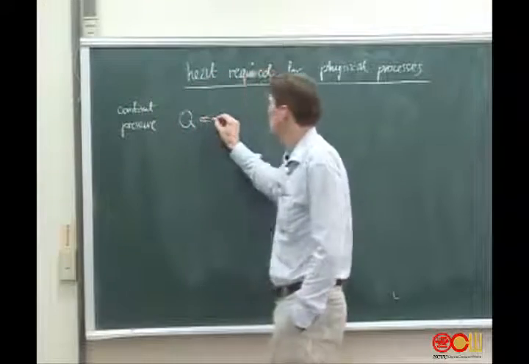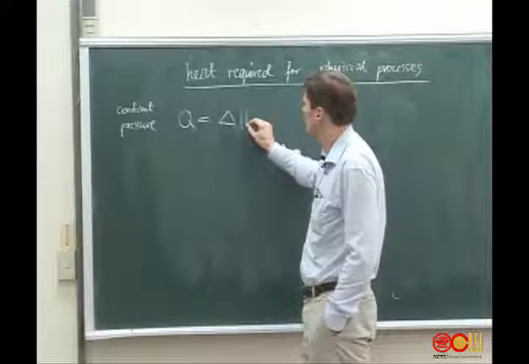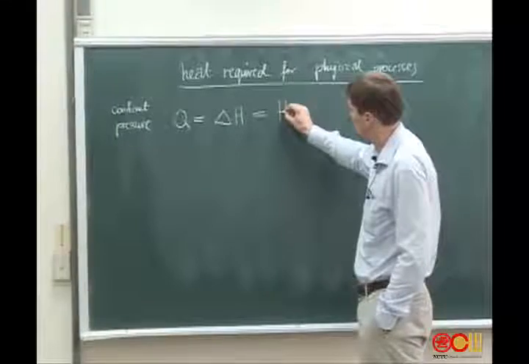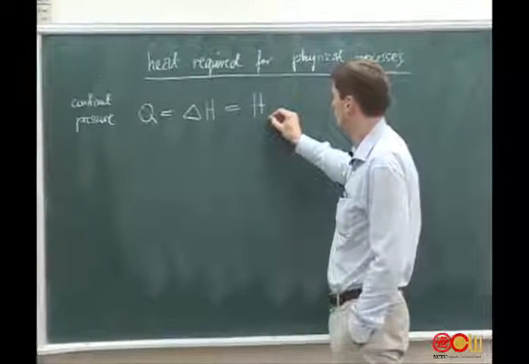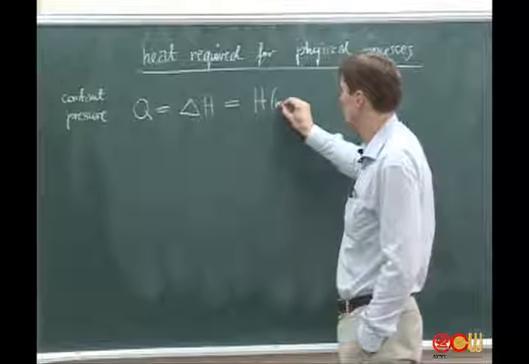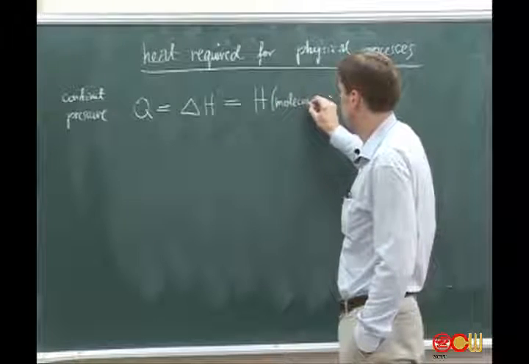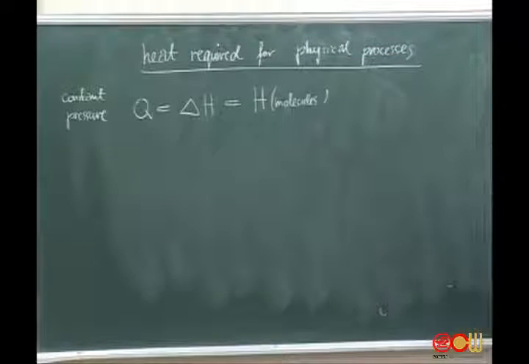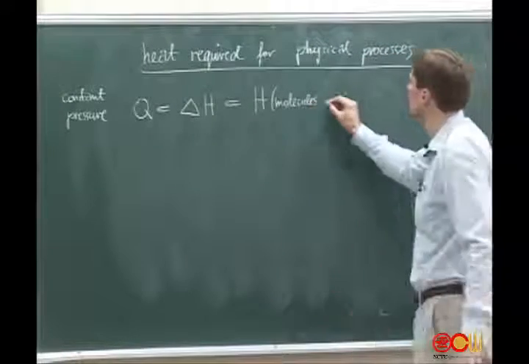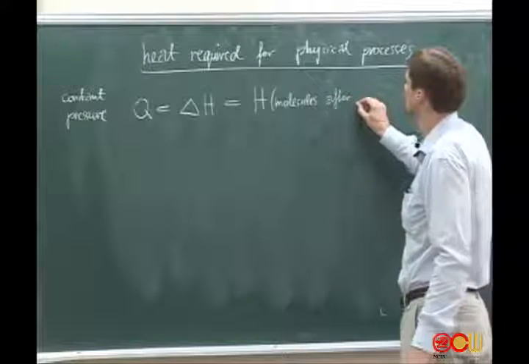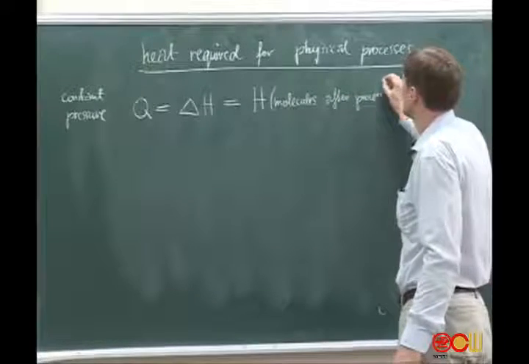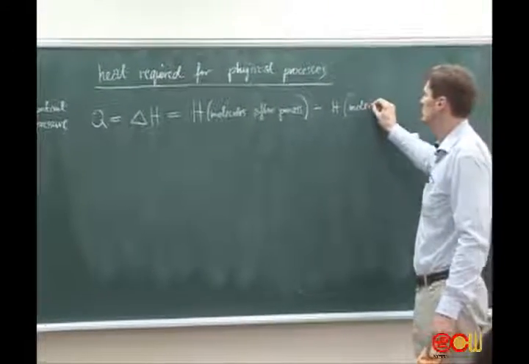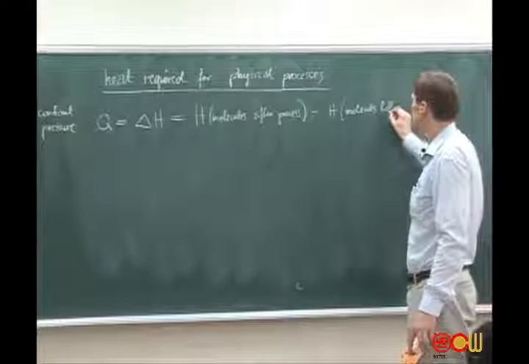We know that the heat would be equal to the change of the enthalpy, and change of the enthalpy means that there will be the enthalpy of molecules after the process minus the enthalpy of the molecules before the process.